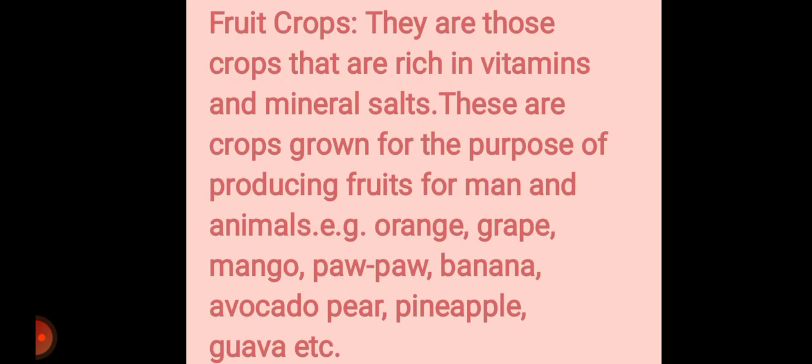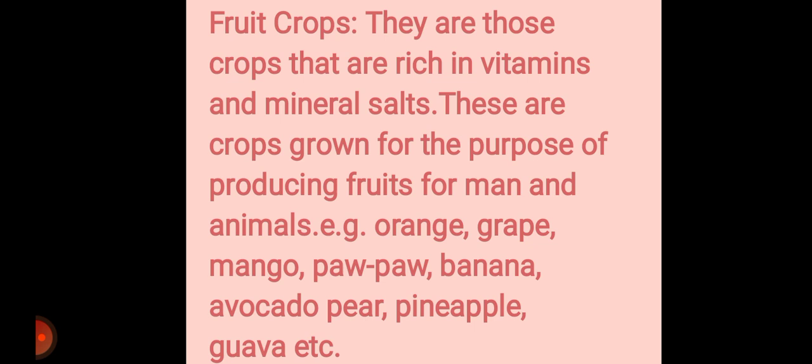We have fruit crops. They are those crops that are rich in vitamin and mineral salt. Fruit crops are grown for the purpose of producing fruits for man and animal. We know that fruits are rich in vitamins and minerals.